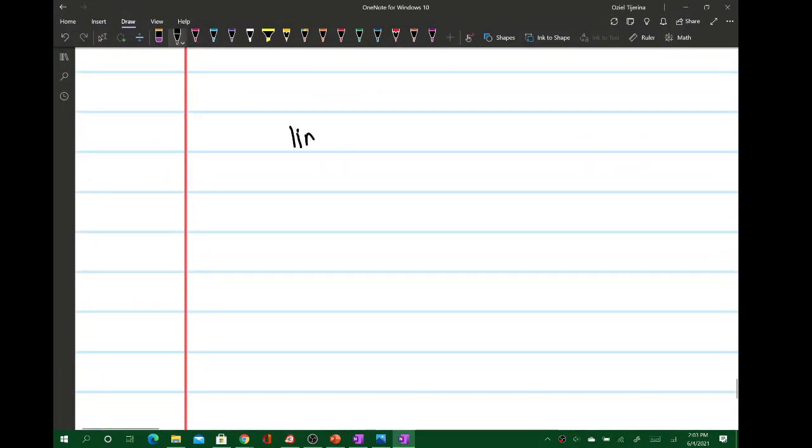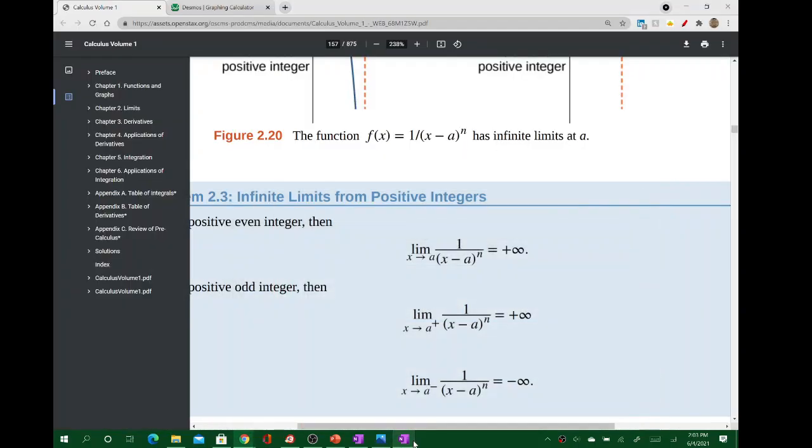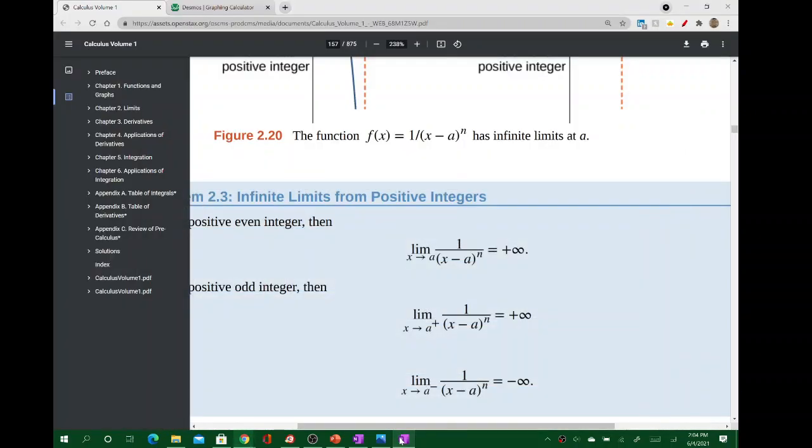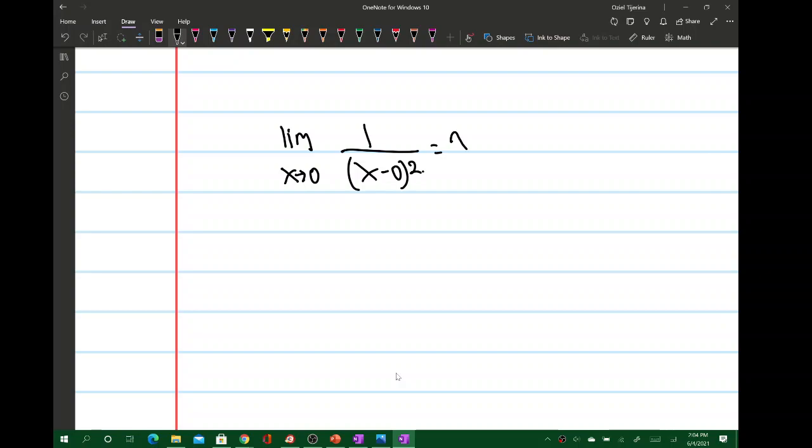So that means that if I have, for example, the limit as x approaches 0 of 1 over (x minus 0) raised to the second power, then this will be positive infinity. So the limit as x approaches 0 of 1 over x squared is really just positive infinity.